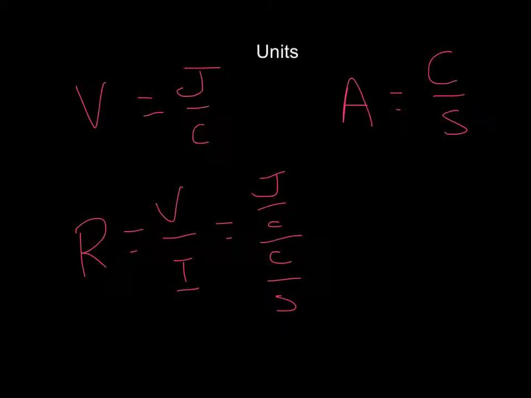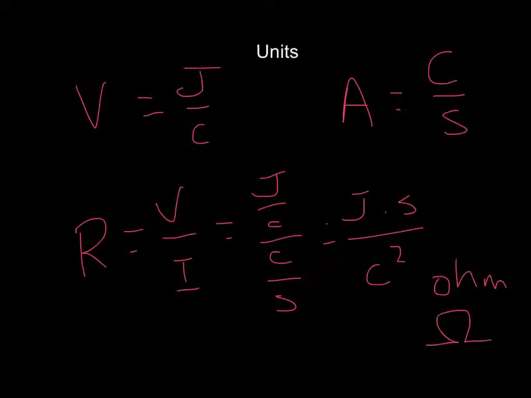When I multiply by the reciprocal, I get joules times seconds divided by coulombs squared. That's really messy. So in honor of Mr. Ohm, we call that an ohm, and we use the Greek letter omega for it.